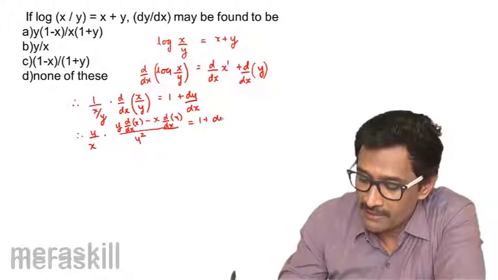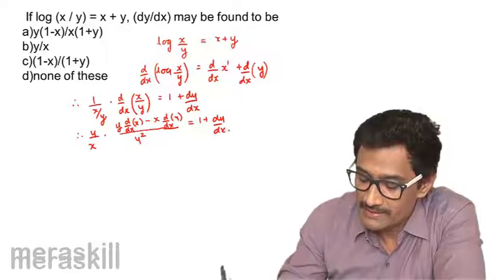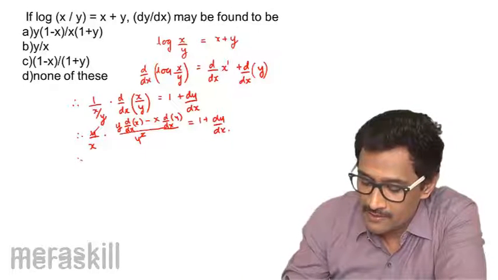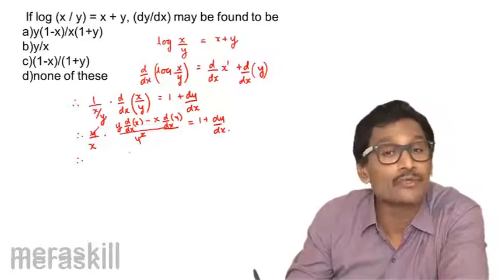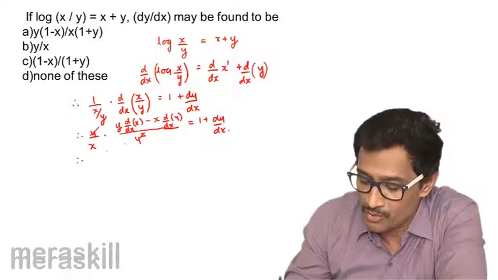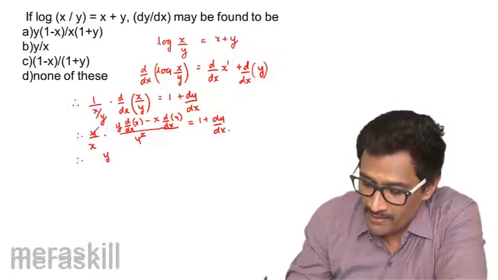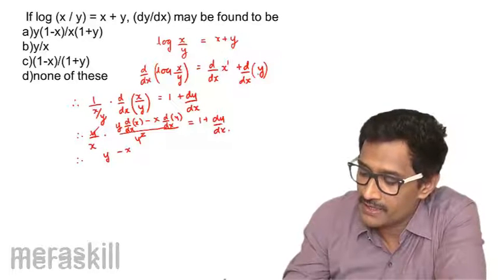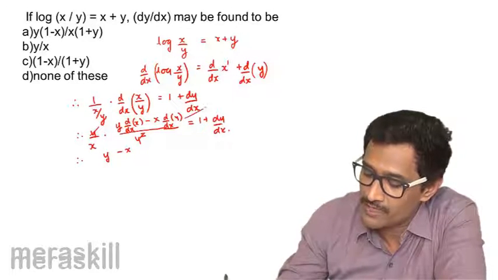1 plus dy by dx. So now if you see, this y and this get cancelled, so eventually y into d by dx of x is y into 1, y minus x into d by dx of y, as we did over here, same kind of thing.